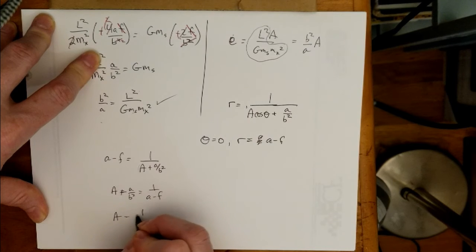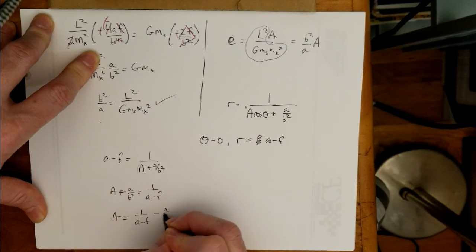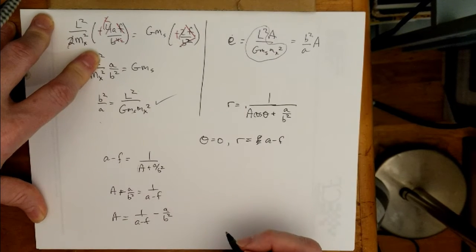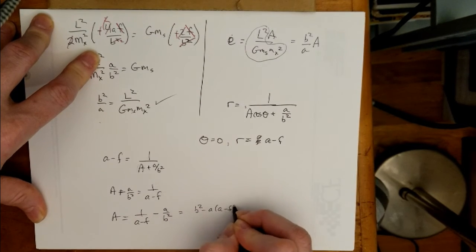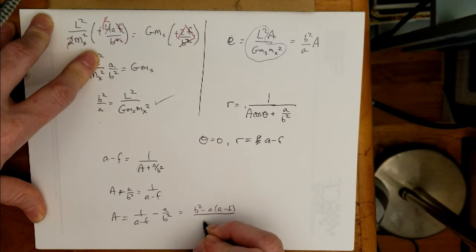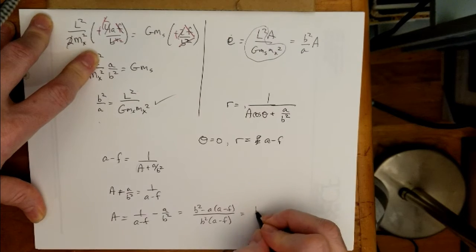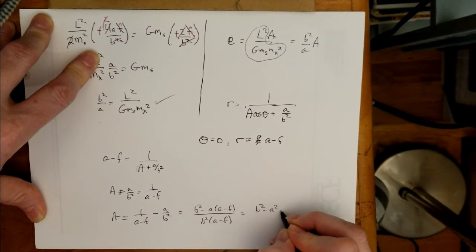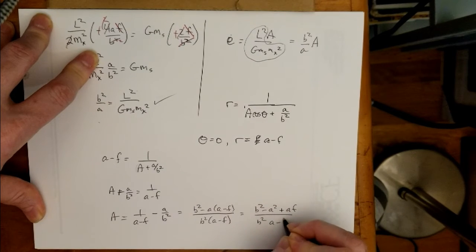So A is 1 over (a minus f) minus a over b squared, which is b squared minus a times (a minus f) over b squared times (a minus f), which is b squared minus a squared plus af over b squared times (a minus f).